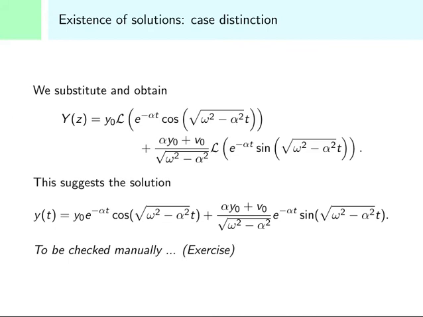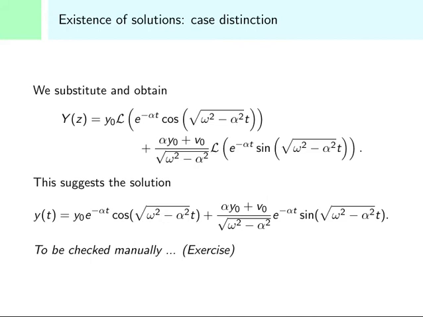Y of t equals y naught exponential negative alpha t cosine of the square root omega square minus alpha square times t, plus alpha y naught plus v naught over square root omega square minus alpha square times exponential negative alpha t times sine of square root omega square minus alpha square times t.